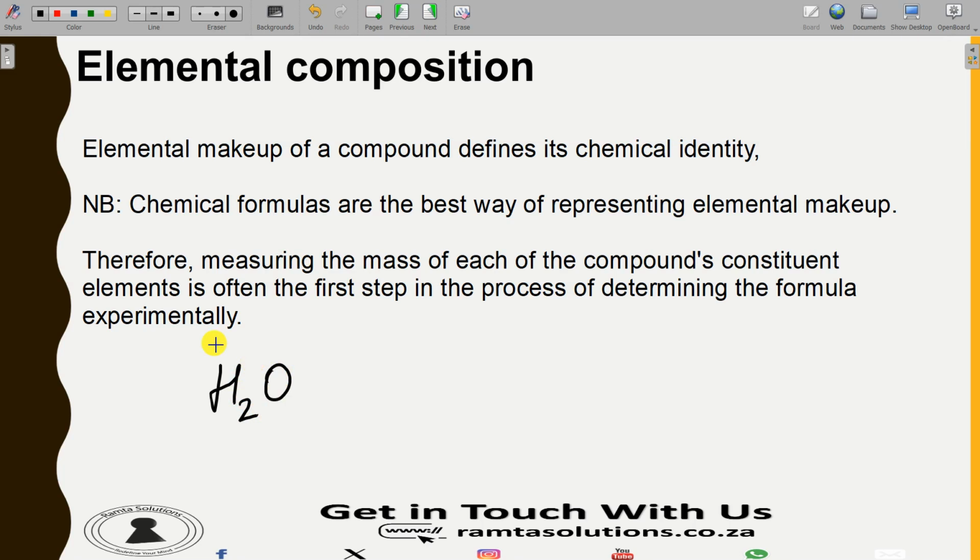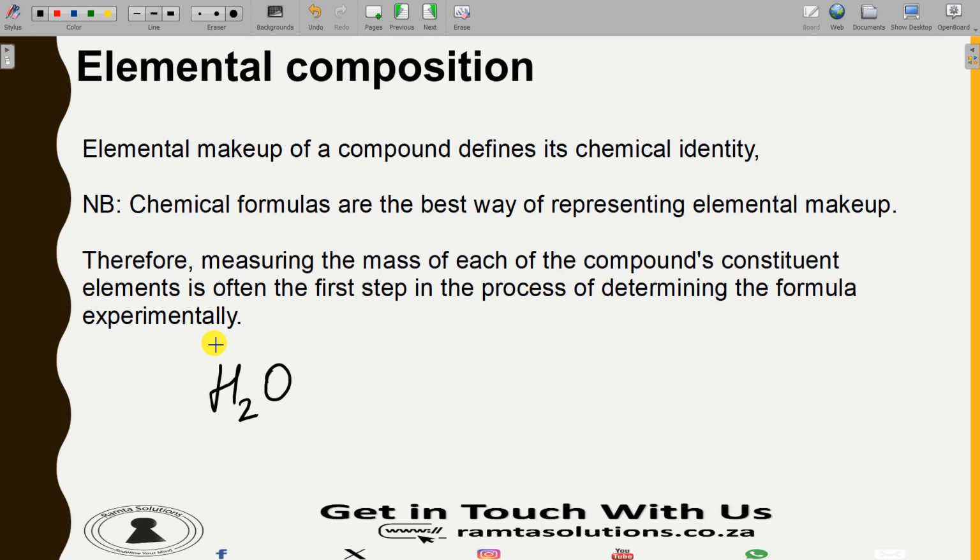In this video, if we can measure the mass of each of the elements making up a compound, we will then be able to determine the formula experimentally. We will see this later in a video that focuses on empirical formula and molecular formula.